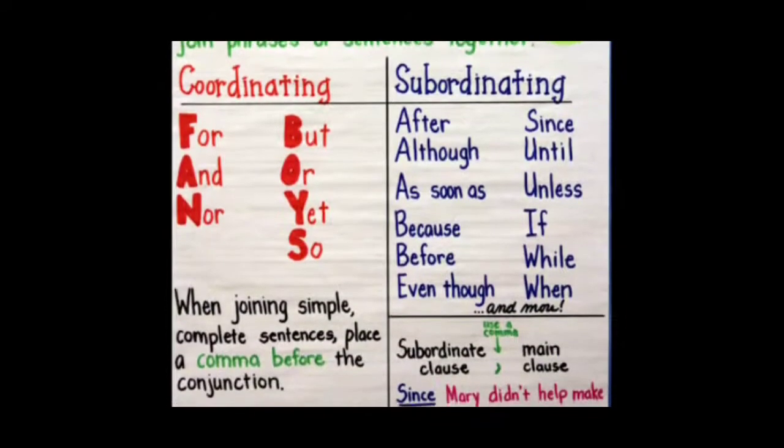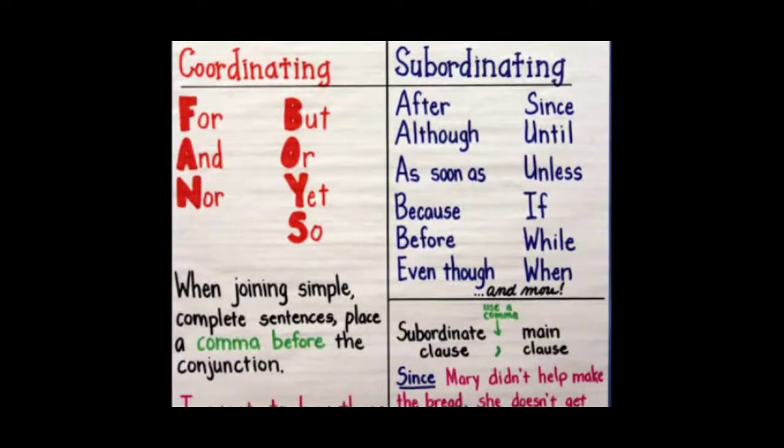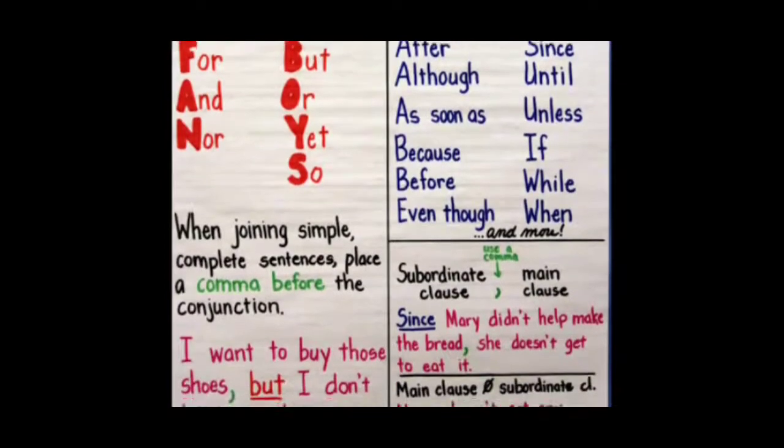Coordinating conjunctions are FANBOYS: F for for, A for and, N for nor, B for but, O for or, Y for yet, and S for so. So together the acronym is FANBOYS. Okay, children. So when joining simple complete sentences, place a comma before the conjunction.